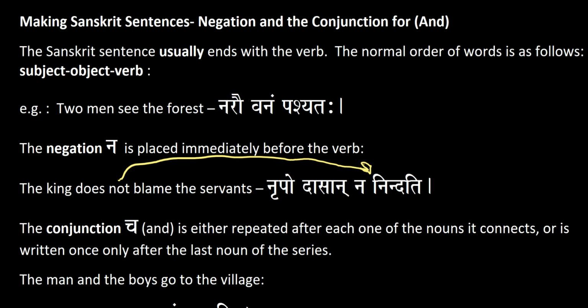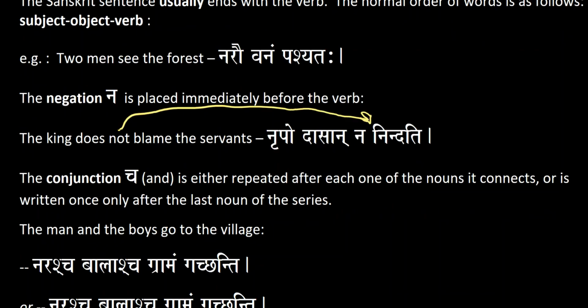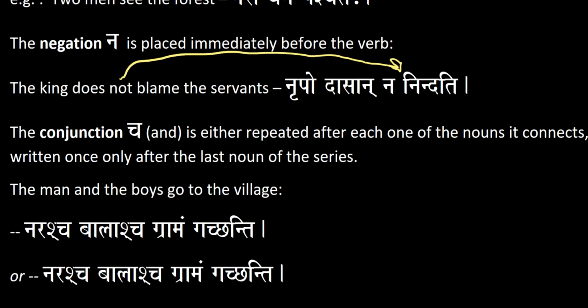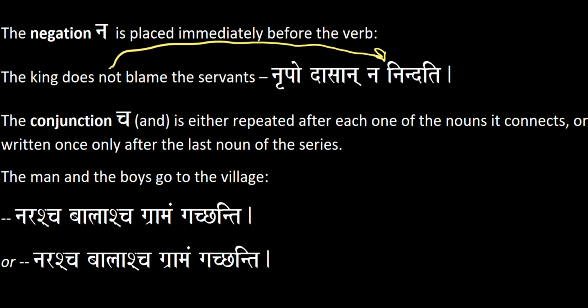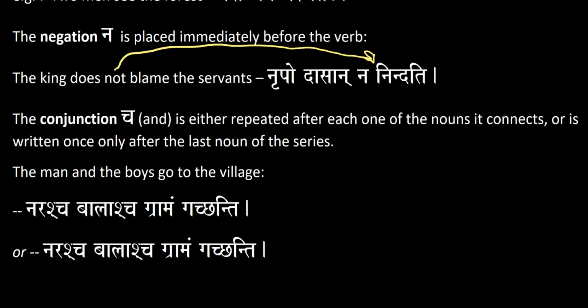Okay, and now for the conjunction for and. So the conjunction cha, and, is either repeated after each one of the nouns it connects, or it is written once only after the last noun of the series. So there are two ways to say the man and the boys go to the village.